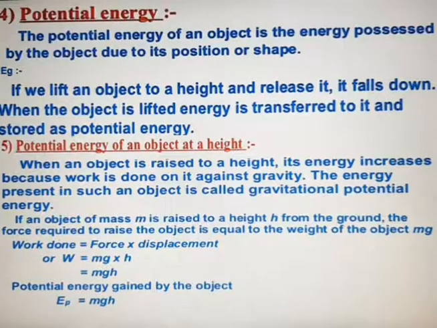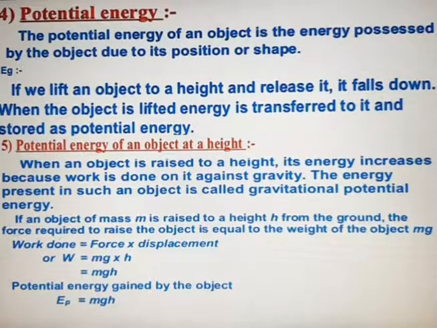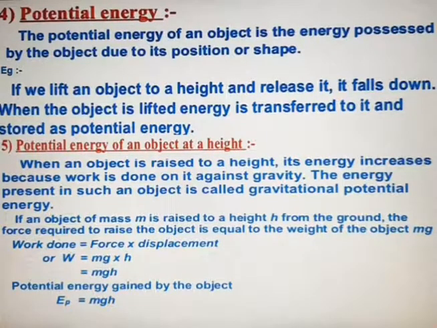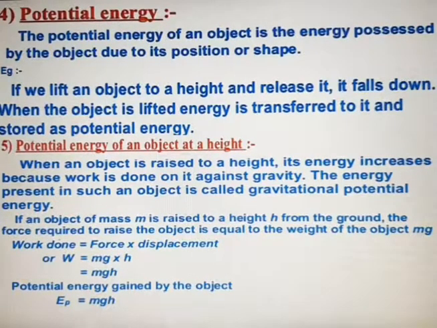If an object of mass m is raised to a height h from the ground and the force required to raise the object is equal to the weight of the object, then we can write work equal to force into displacement. This is the formula that we know. So work done is denoted by W and the force required to raise it is mg, since we know that force equals mass into acceleration, and the displacement will be the height.